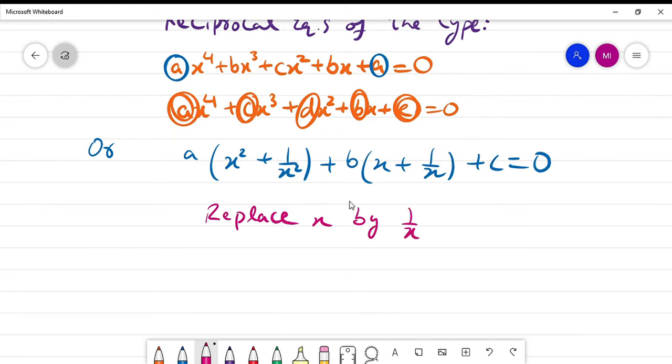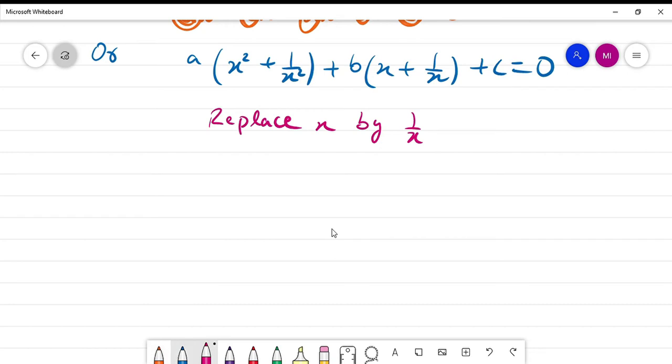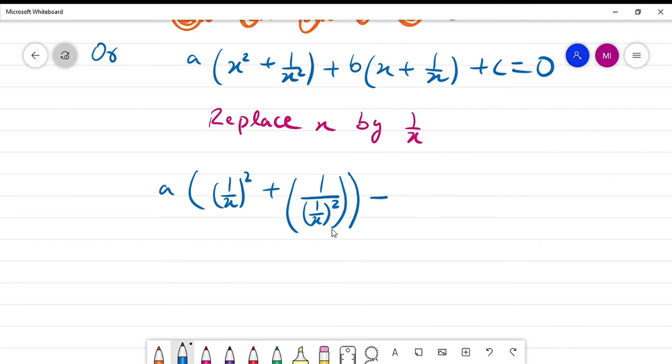So let's do that in this equation. We get a into 1 over x squared, we replaced x by 1 over x, plus 1 over x is equal to 1 over x, so 1 over 1 over x, and this is being squared down here, plus b into x is 1 over x and 1 over 1 over x, plus c is equal to 0.